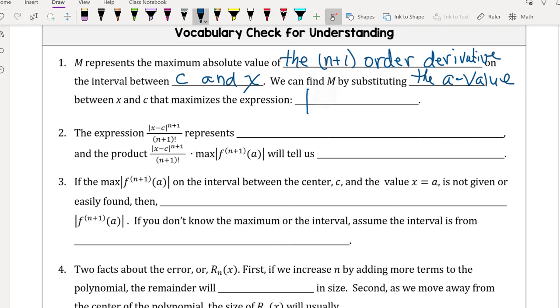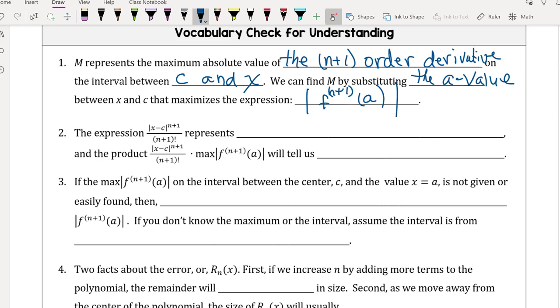The expression is the n plus 1 derivative at a, and that's going to be the absolute value of that.